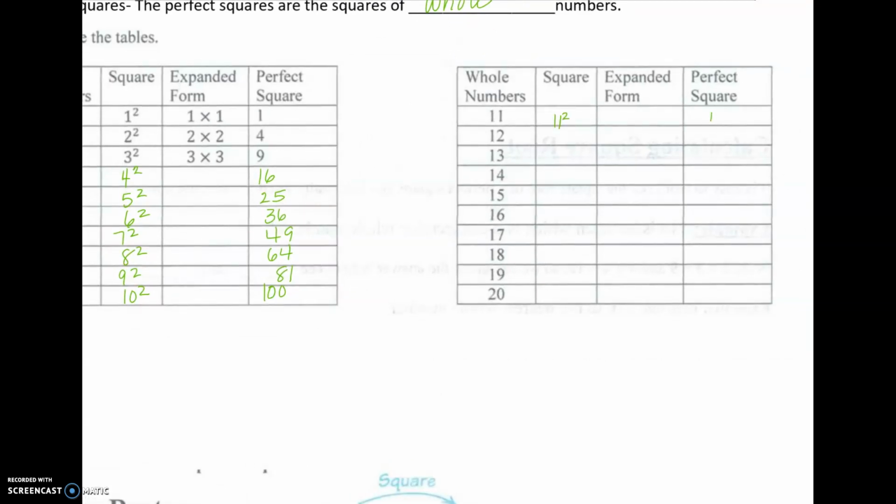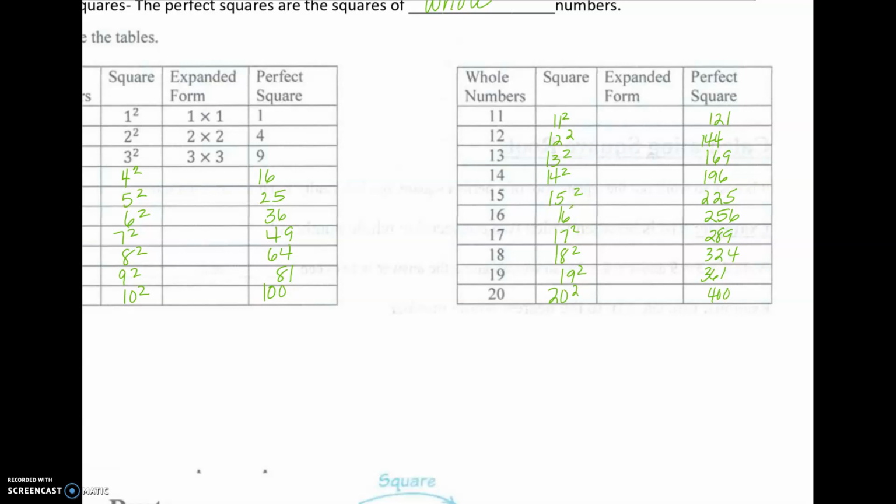11 squared is 121, 12 squared is 144, 13 squared is 169, 14 squared is 196, 15 squared is 225, 16 squared equals 256, 17 squared equals 289, 18 squared equals 324, 19 squared equals 361, and 20 squared equals 400.